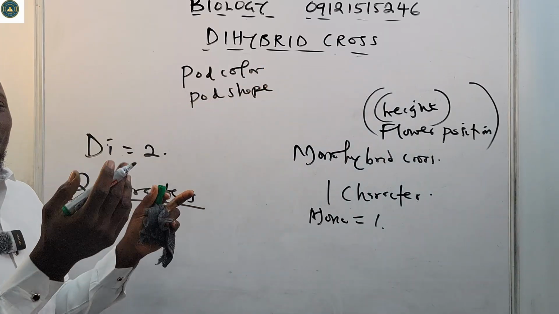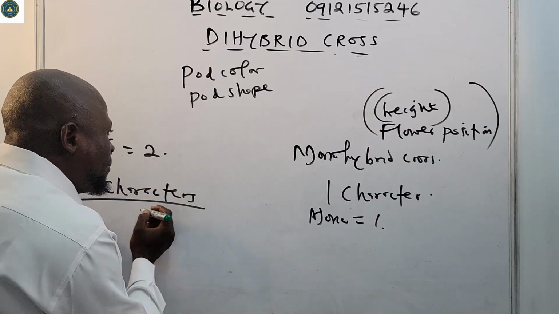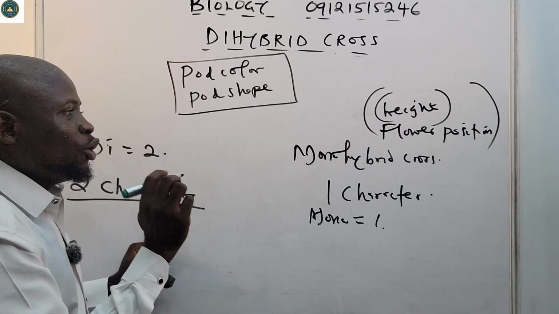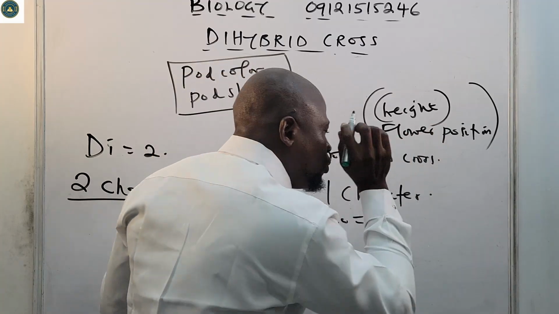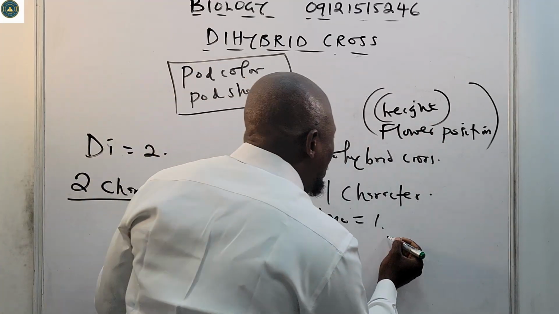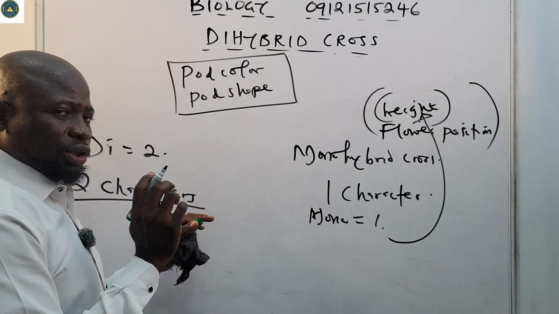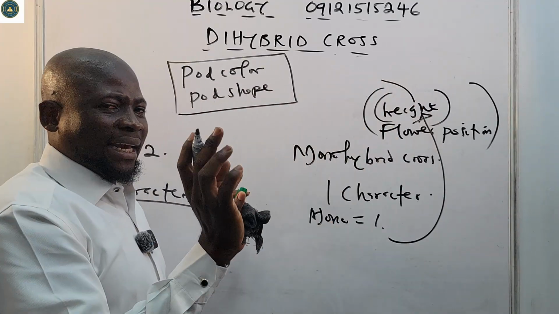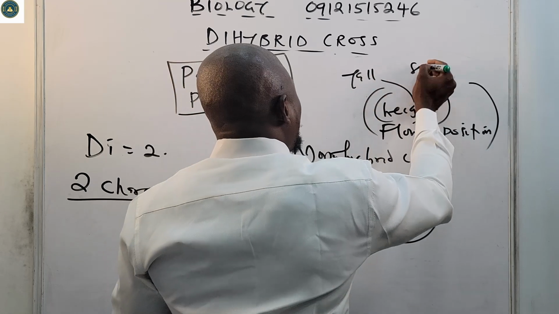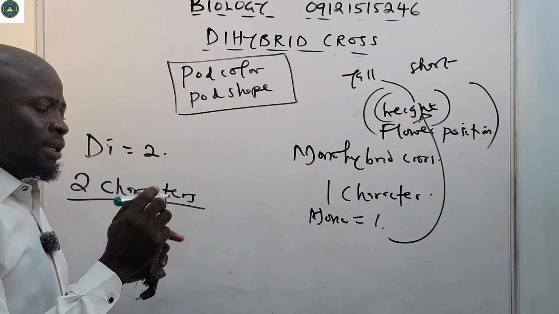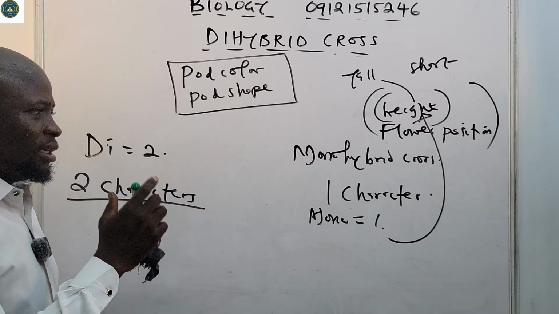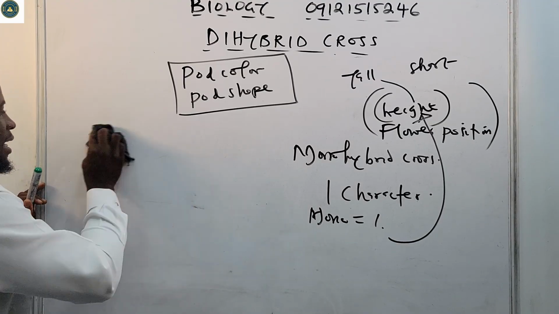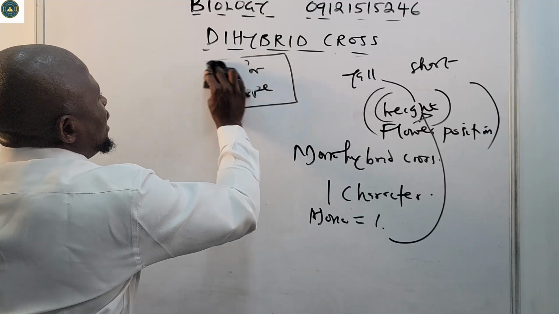But for dihybrid, we must consider two characters at the same time. For monohybrid, we spoke only about height, which has two possible alleles: tall or short. Are we clear now? So now let us begin.